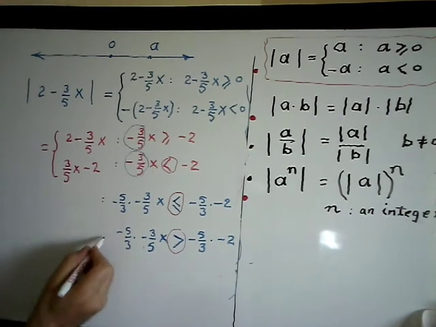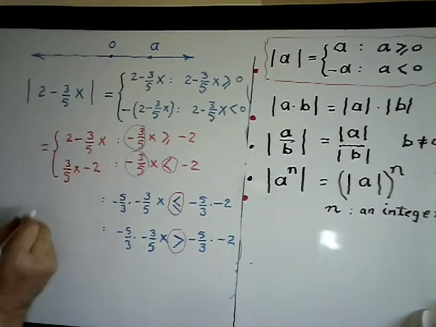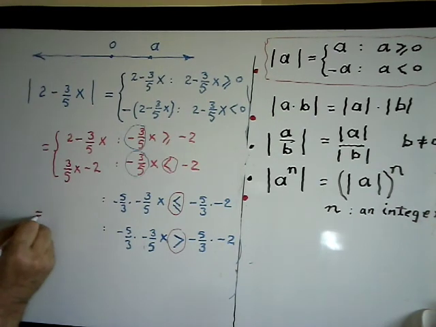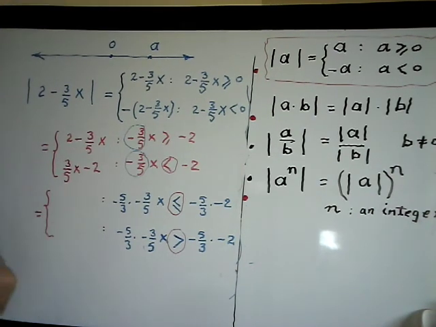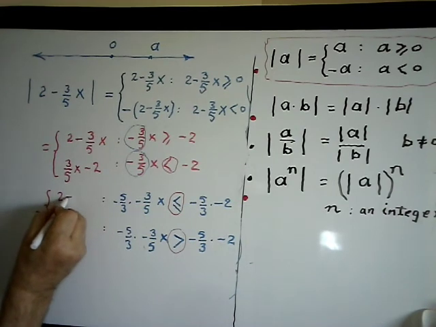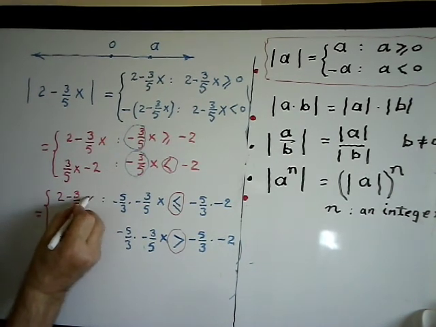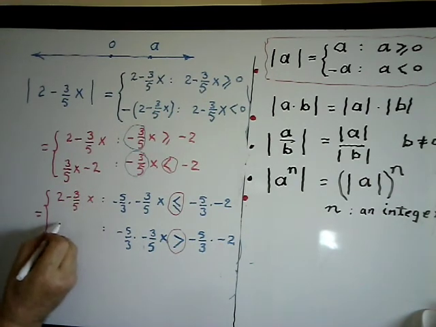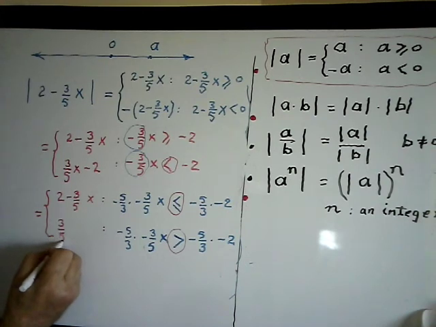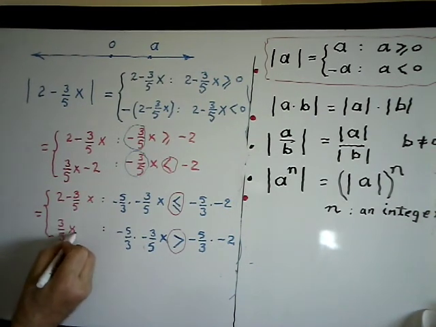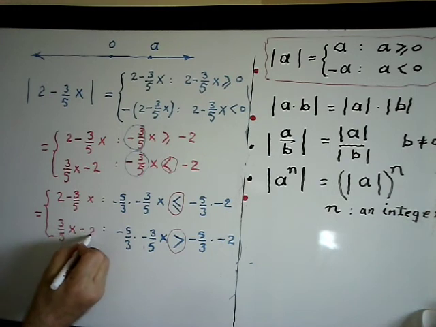And we write those in the same way: 2 minus 3 over 5x, here 3 over 5x minus 2.